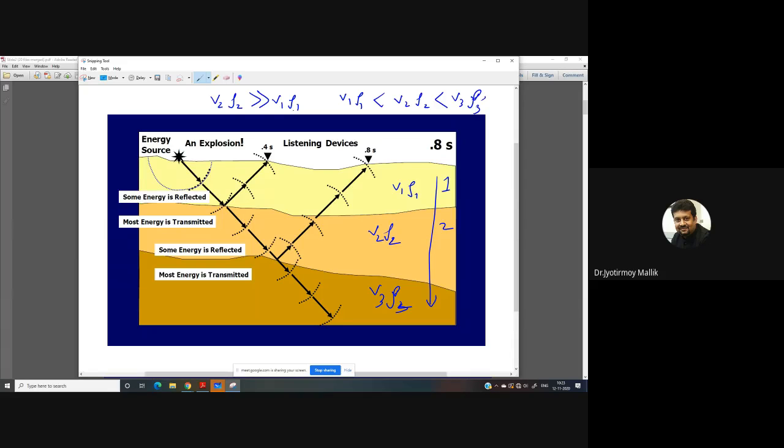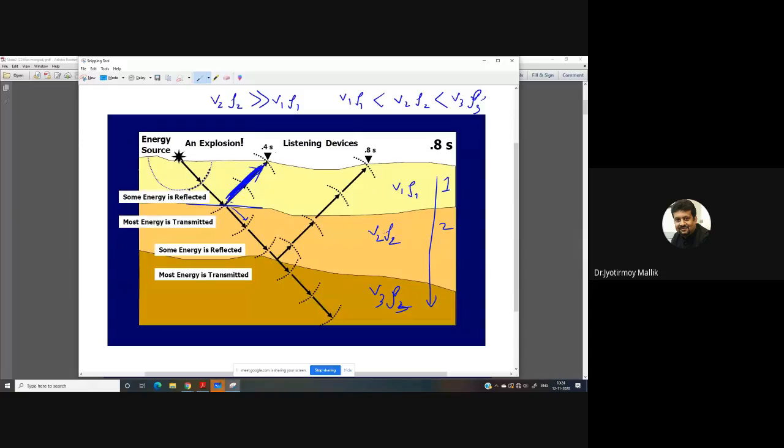So what would happen is that in this boundary, most of the energy will actually be reflected back, and little energy will be transmitted.